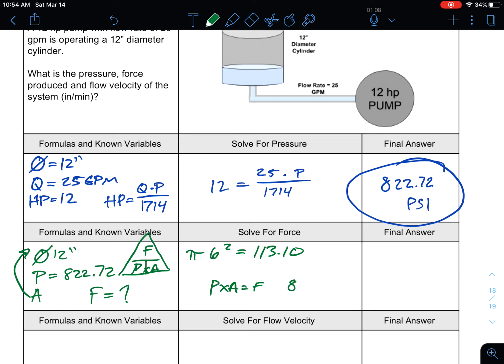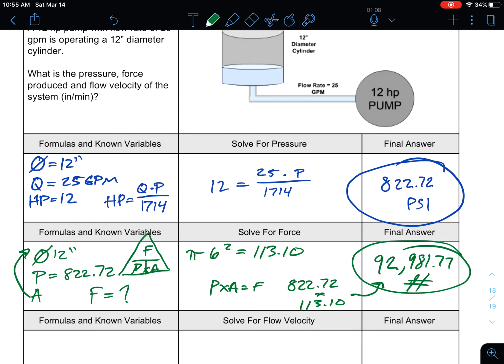So we have 822.72 times 113.10, and we get our final answer to be 92,981.77. That is our final answer, and that's in pounds.